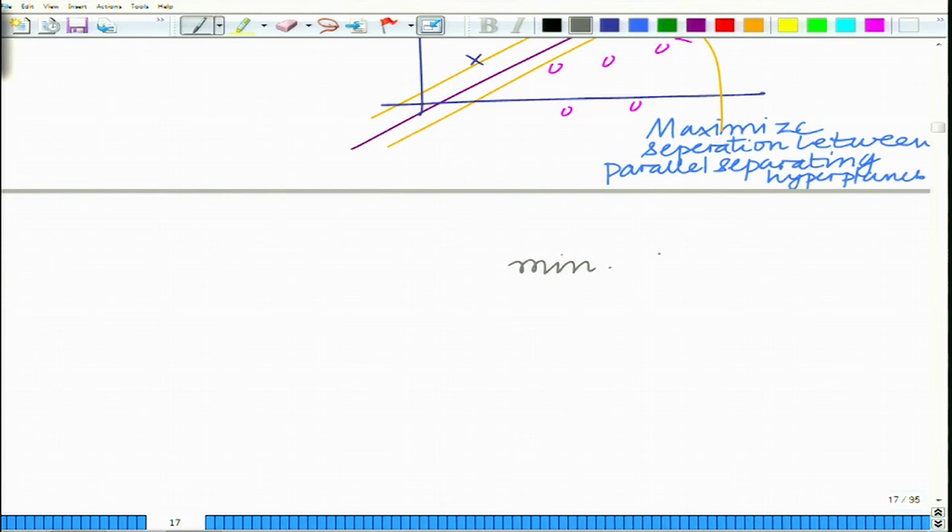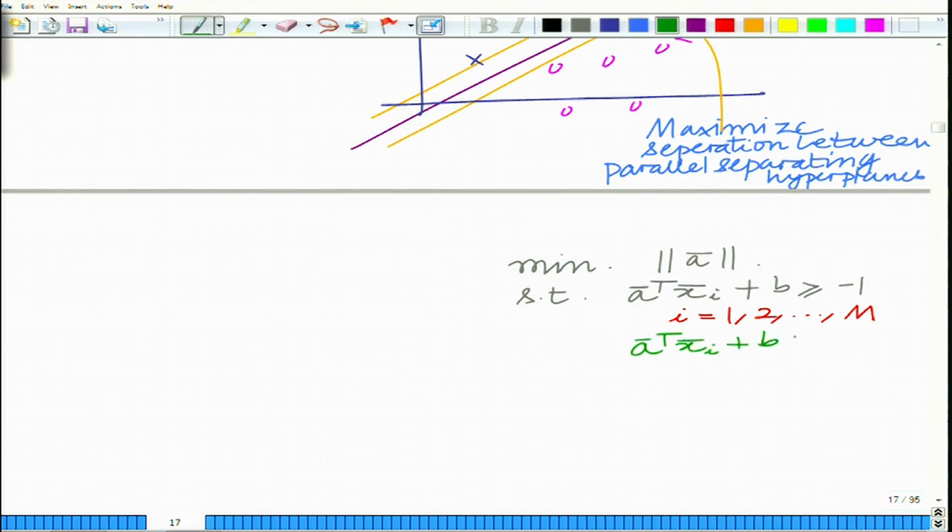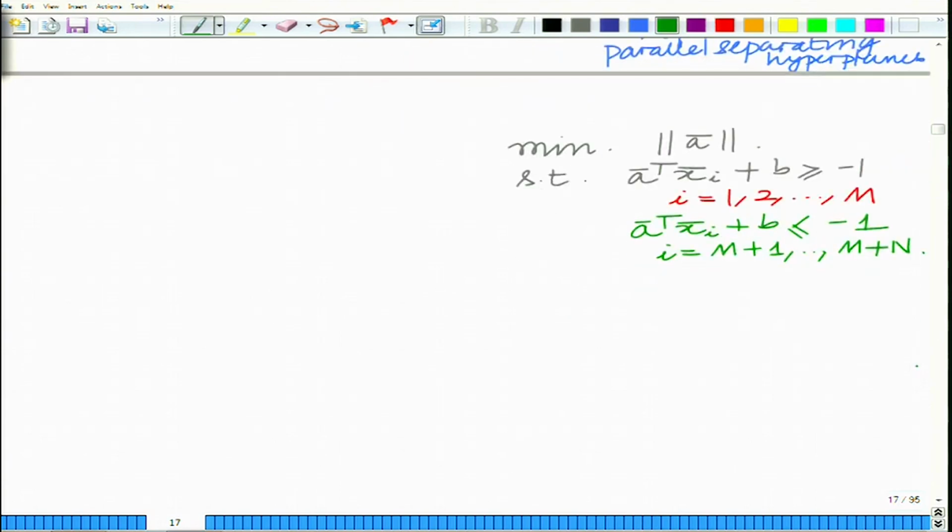So, if you want to maximize the distance, we have to minimize norm A bar subject to the constraints A bar transpose x bar I plus B greater than or equal to 1 for I equals 1, 2, up to m, that is the first set of points, and then we want to have A bar transpose x bar I plus B less than or equal to -1 for I equals m plus 1 up to m plus n, and this is your convex optimization problem for the linear SVM. This is what we have seen.